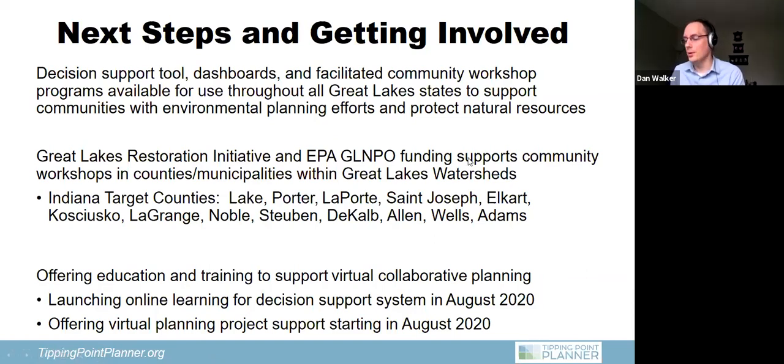The goal is to expand the reach of the program and help train as many people as we can to start doing this program in more communities. We'll be offering that planning project starting in August 2020. Overall, we think it's a pretty strong tool for community engagement on natural resource issues, especially water quality and land use. And now it's time to look at questions.